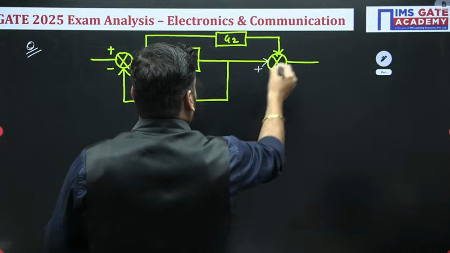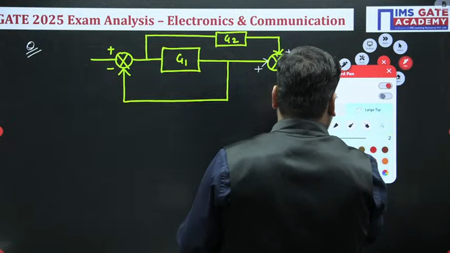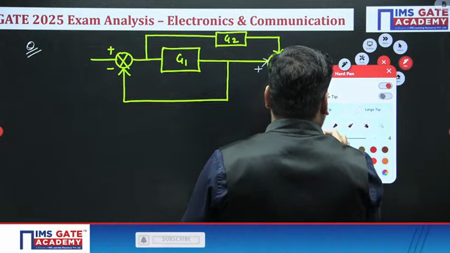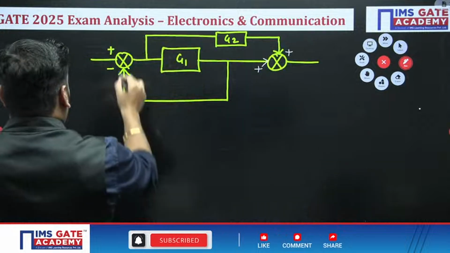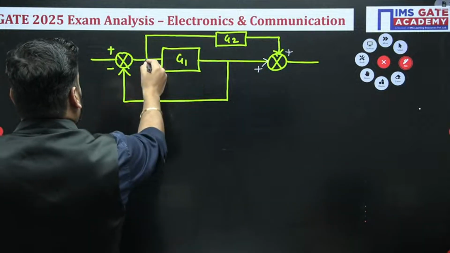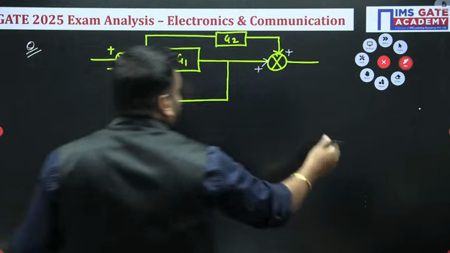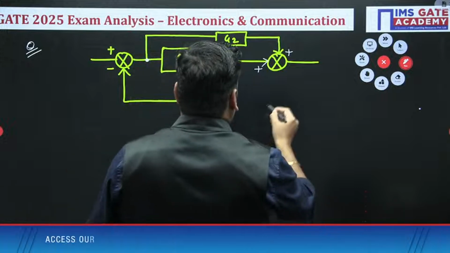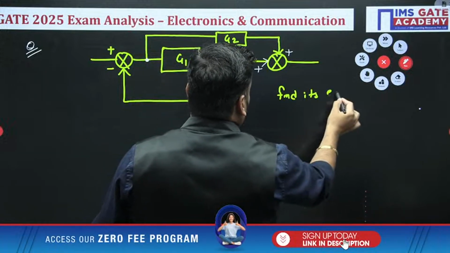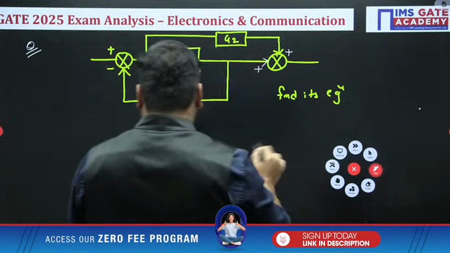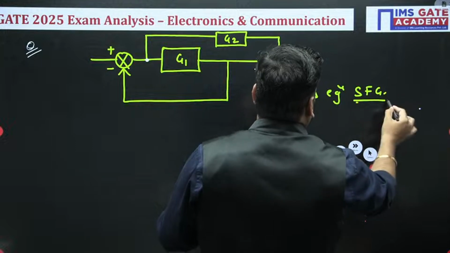So this is the plus sign, guys. And here we have a plus minus sign, as I already mentioned. This is a takeoff point, this is a summing point, and like that we have the diagram. So the examiner is asking to find its equivalent diagram. The language can be anything, you can check, find its equivalent SFG. So we need to comment on its equivalent SFG.